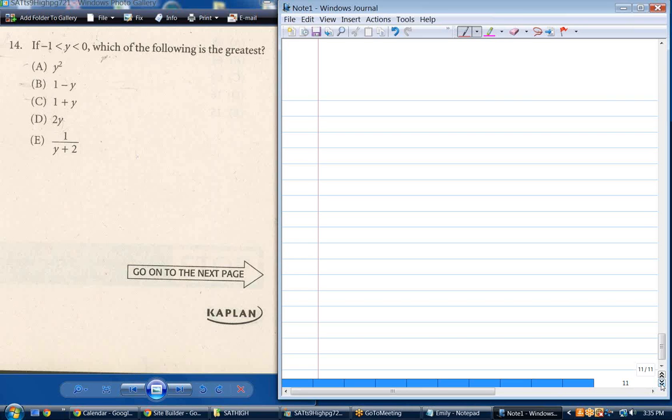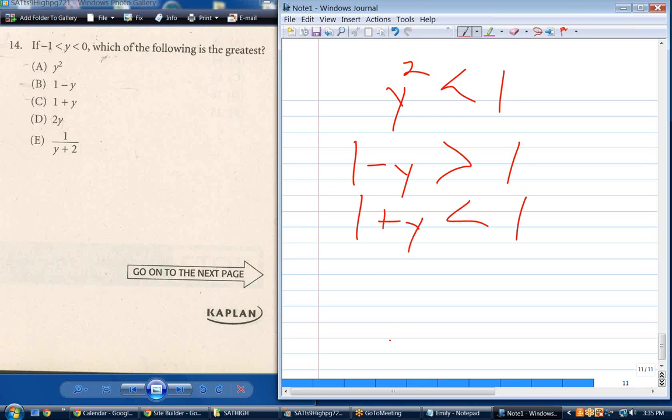Right? 1 minus y would be greater than 1. 1 plus y would be less than 1. 2y is going to be greater than 1. 2 times a negative number is still negative.